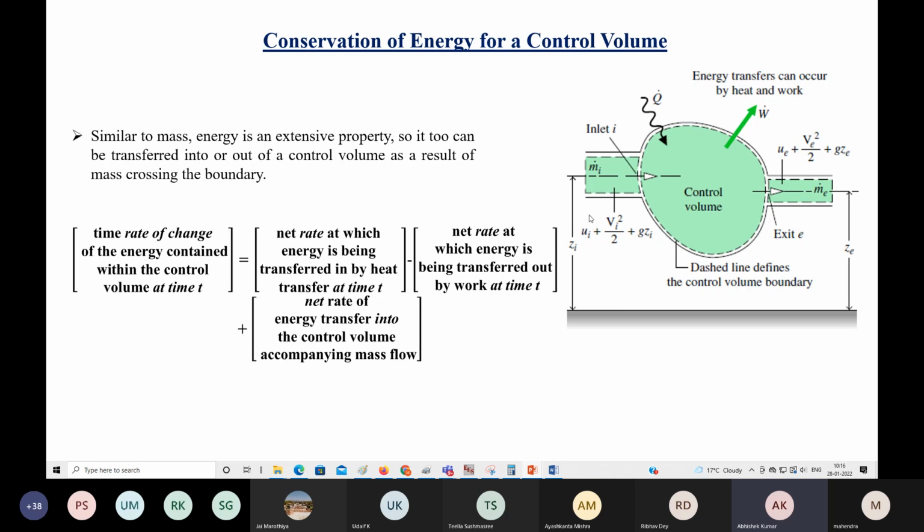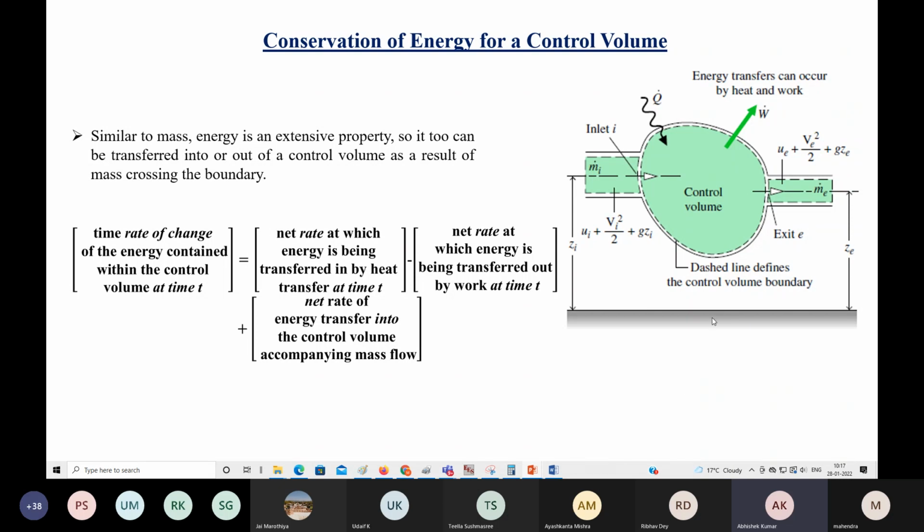That is delta capital E. When deriving the first law of thermodynamics, delta E equals Q minus W. In delta E, what is included? Internal energy, kinetic energy and potential energy.